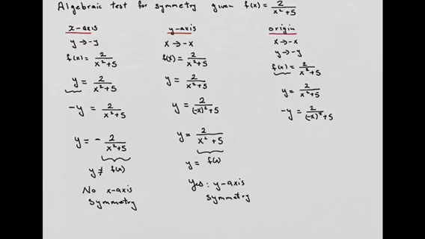If we simplify this, we will see that negative y is equal to 2 over x squared plus 5, because if you square a negative, you get a positive. And isolating y, this becomes minus 2 over x squared plus 5. And this here is not the same as f of x. So we can say that y does not equal f of x. So we have no origin symmetry.